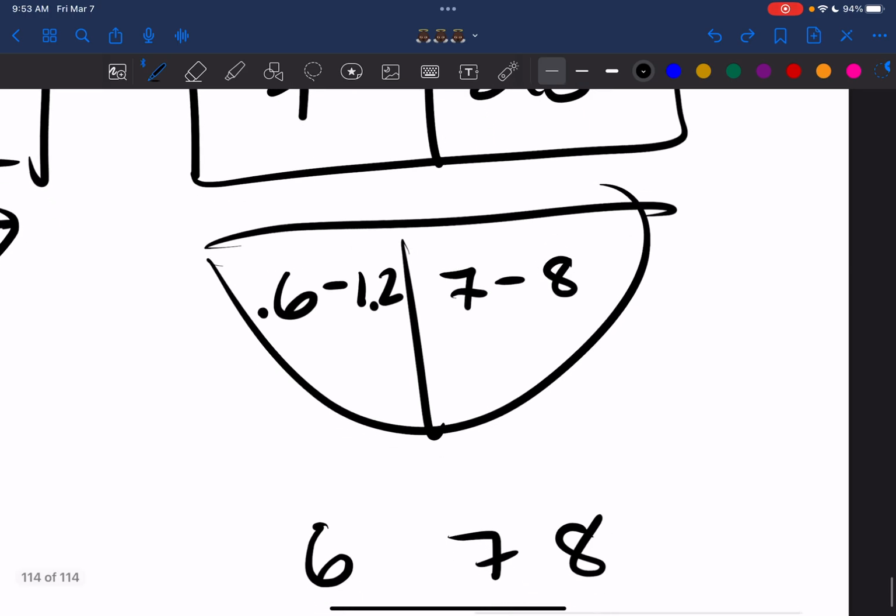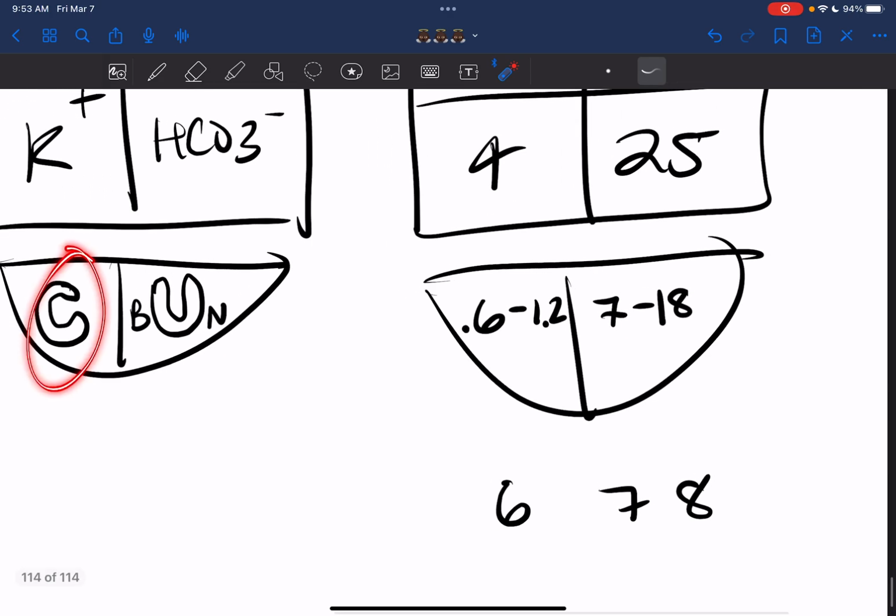Versus on the other side, we're going to make it bigger by turning the 8 into an 18. Because 7 to 8 is literally a range of only one difference. Obviously, we're not going to have that. Why would we have that, right? It needs to be like an actual range that's substantial. So it's 7 to 18. So these are the ranges for creatinine, normal levels of creatinine and BUN. 0.6 to 1.2, and then 7 to 18.